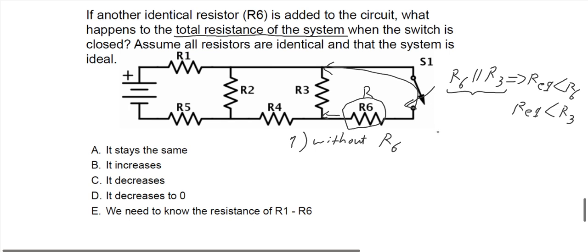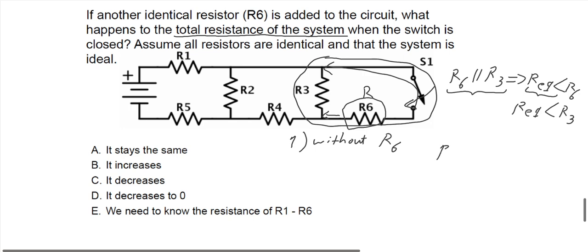On the other hand, if two resistors are in series, the equivalent resistor is greater than each one of them because they just add up when they're in series. Okay, that's the short answer because R6 is in parallel with R3, so the equivalent resistor is less than each one of these resistors. So adding this R6 in parallel with R3 has decreased this part of the system.